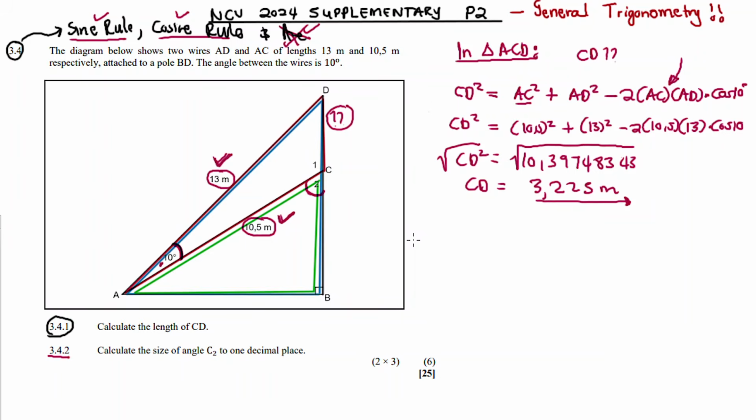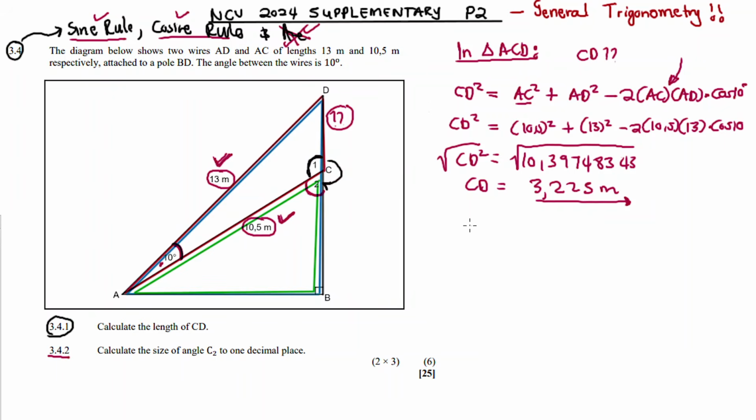How is this CD going to help now? I actually don't need the green triangle. You know why? I don't have enough information that will help me to calculate C2. So what I will do, I'm gonna stick to the red triangle and work out what C1 is and use angles on a straight line and calculate C2.